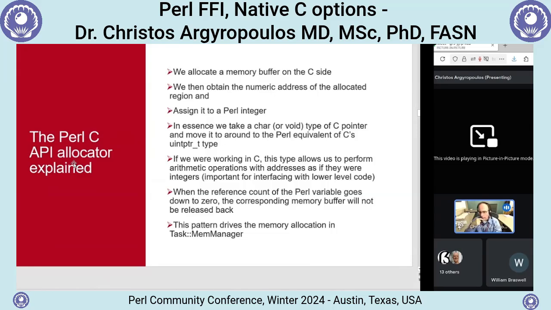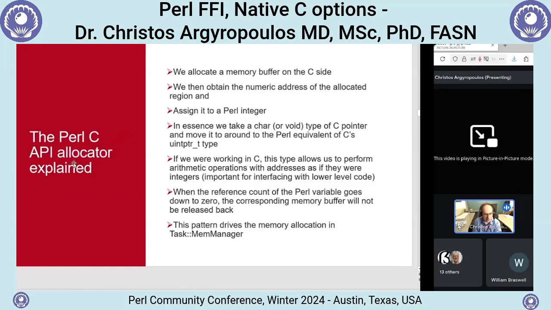People who are familiar with C will recognize that this is the use case of the uintptr type, which is a built-in type in C99 and higher that allows you to move around pointers as integers.